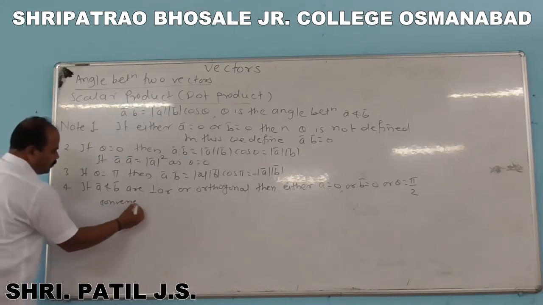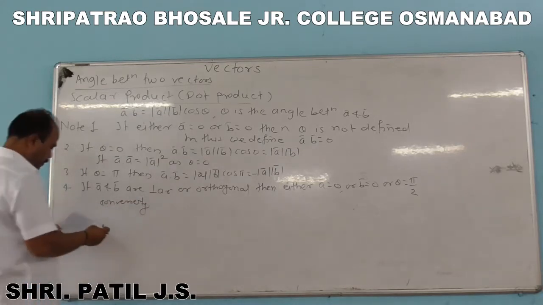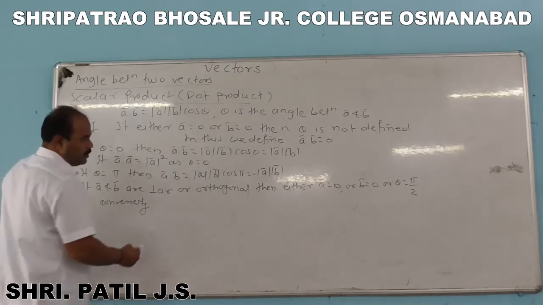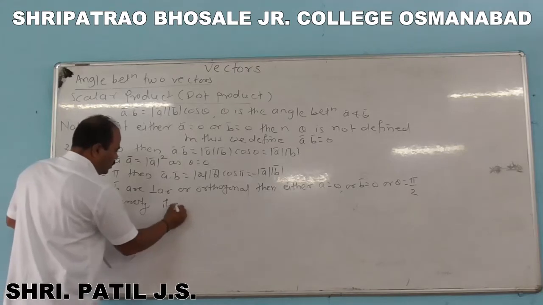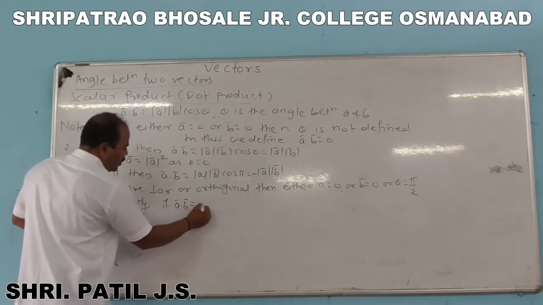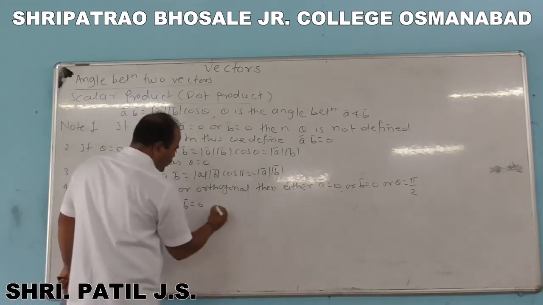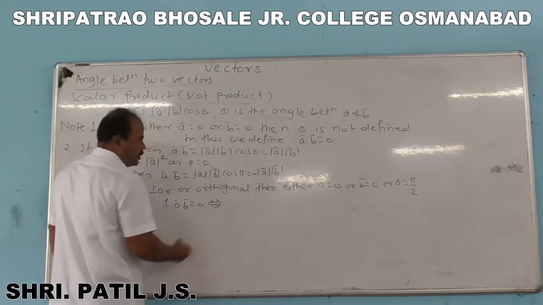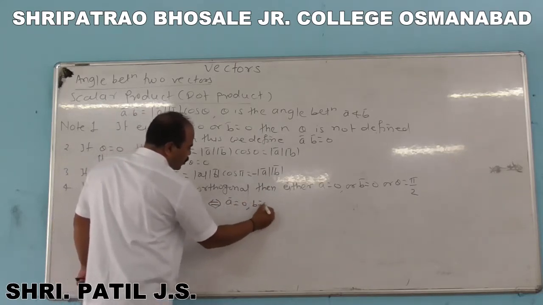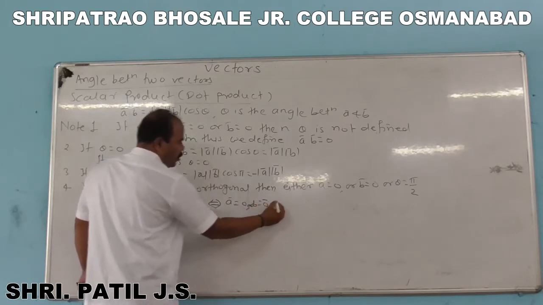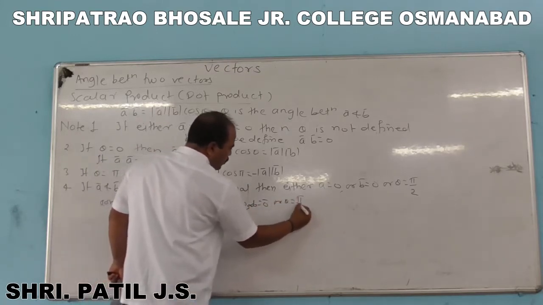Conversely, if A bar dot B bar equal to 0, then these conditions hold: A equal to 0, B equal to 0, theta is equal to pi by 2.